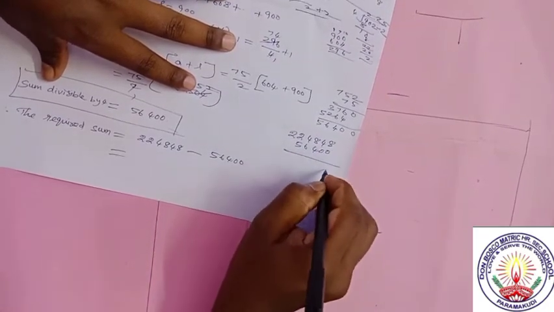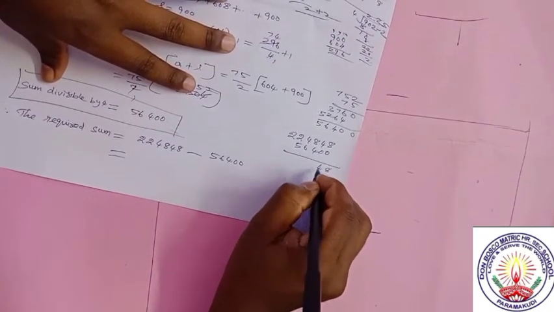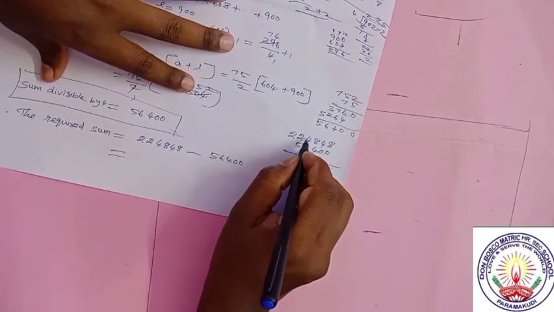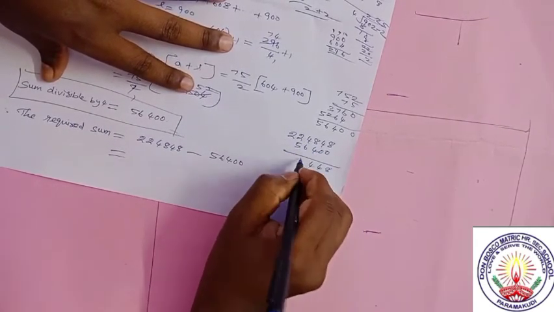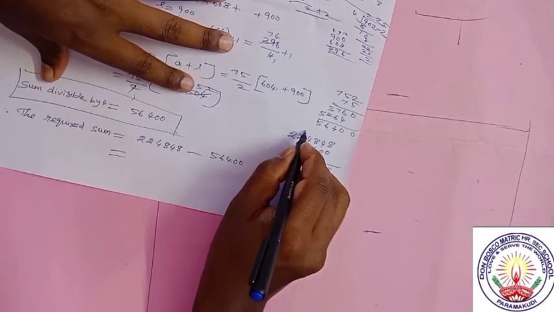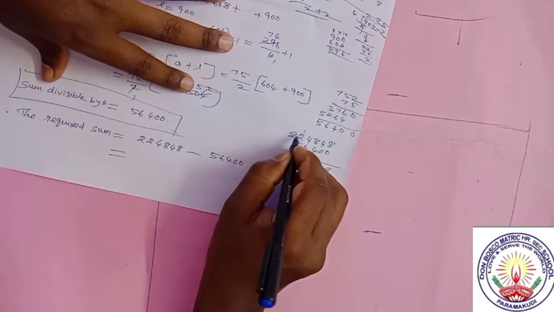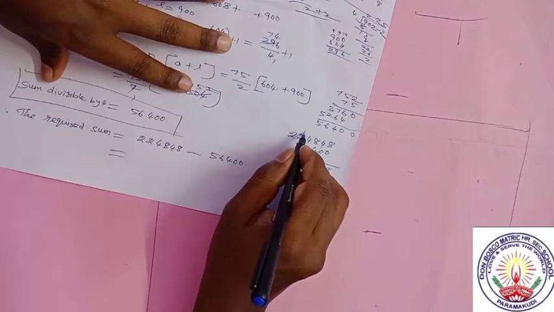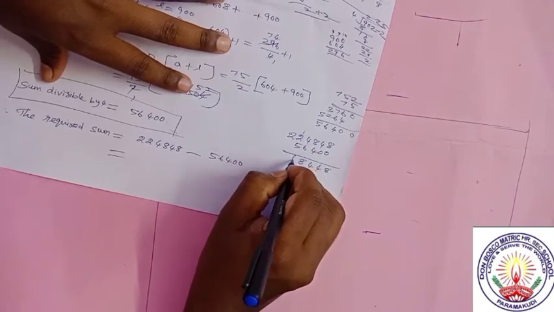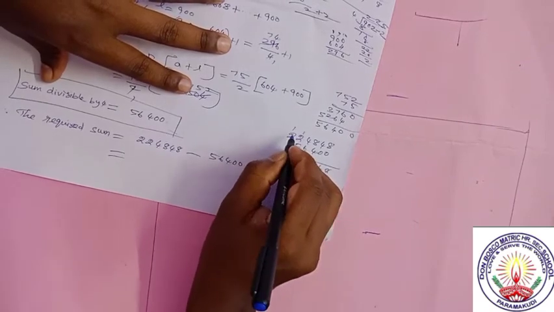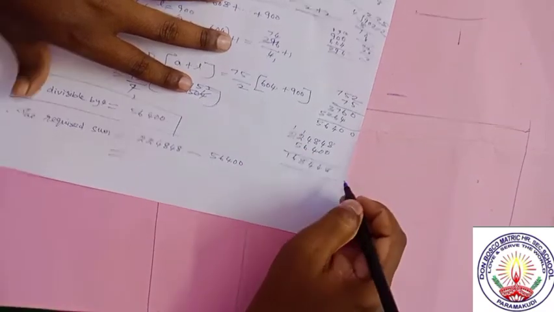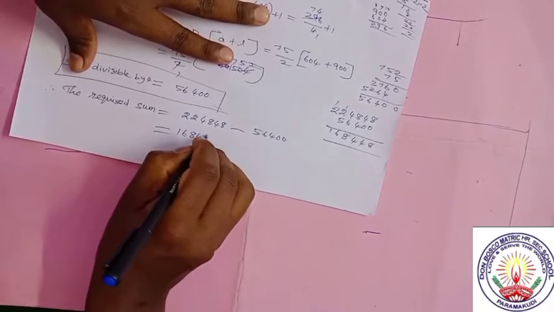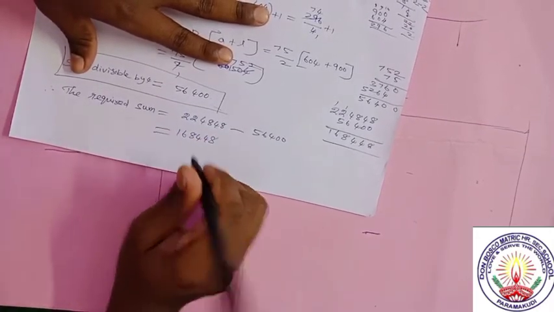8 minus 0 is equal to 8, 4 minus 0 is equal to 4, 8 minus 4 is equal to 4, 4 minus 6, we cannot subtract, so borrow 1, it is 14, 14 minus 6 equal to 8, when it gives 1, it will become 1, we cannot subtract, so it is 21. Give 1, it will become 11, 11 minus 5 is equal to 6, when it gives 1, remaining 1. So the answer is 168448, the required sum.